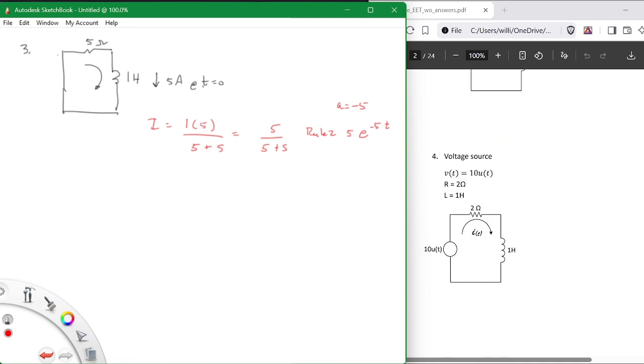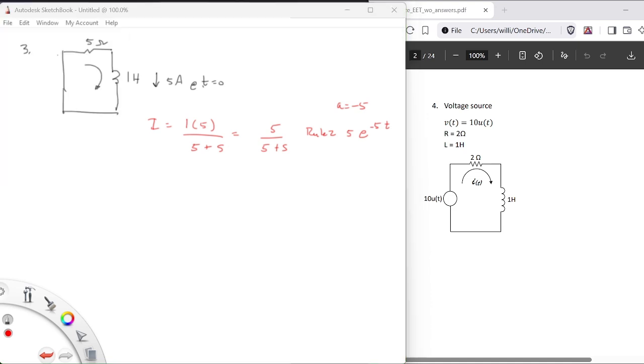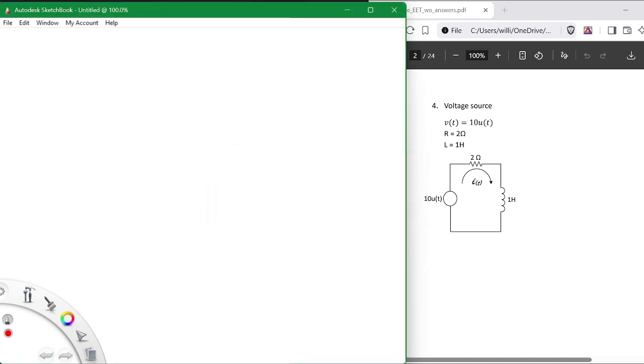Okay, now here's another one. Here we change this. We really don't change it. It's the same problem that we had before. It's 10 over S, right? So this is the same as problem number 1. Okay.